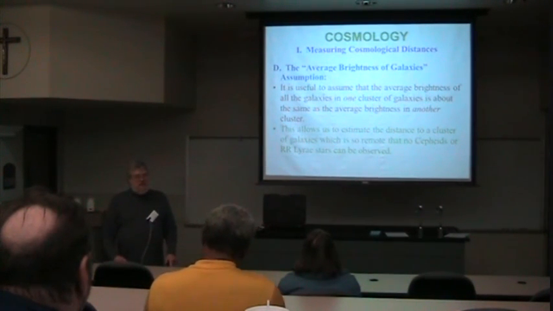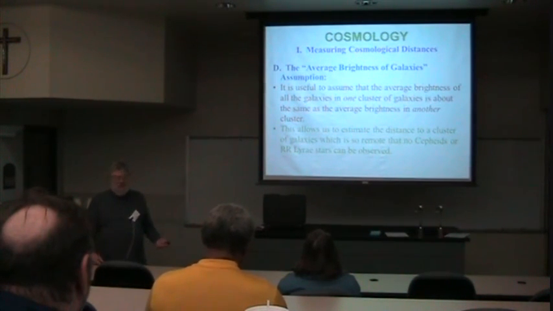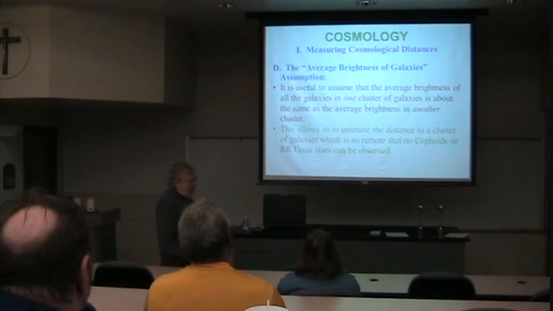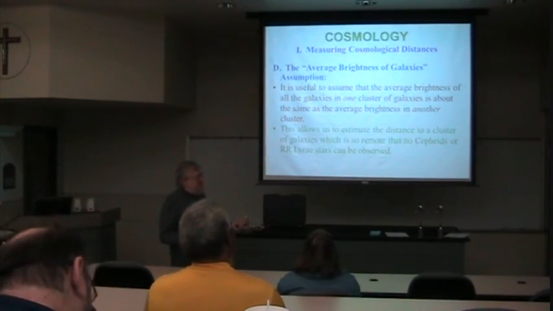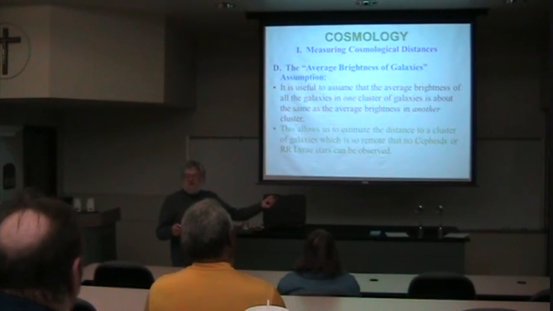Now, you tell me how accurate that's going to be, but sometimes that's all you've got to go by. And if you see one cluster that's dim and another cluster that's bright, the logical assumption is the dim one is farther away.